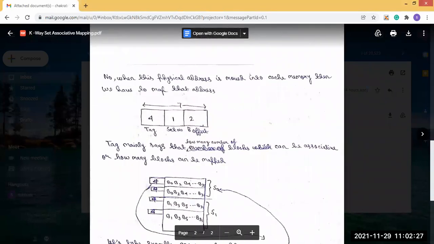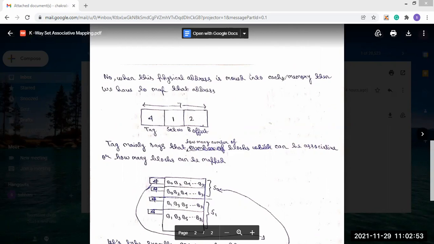Now, when this physical address is moved into the cache memory, then we have to map that address, that is 412, like this. This will be divided. Tag mainly specifies how many blocks can be associative, or how many blocks can be mapped.